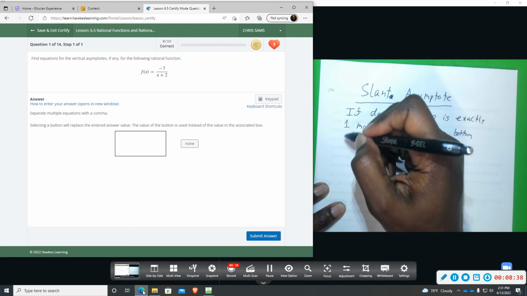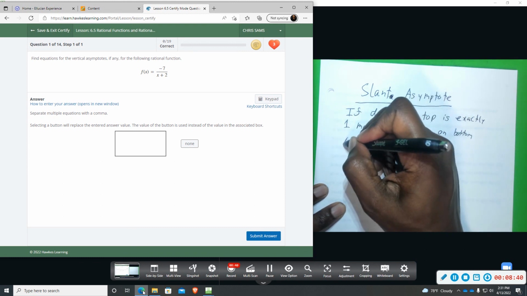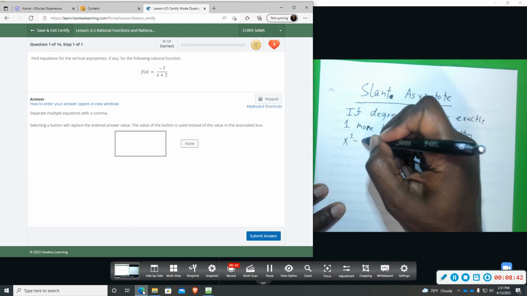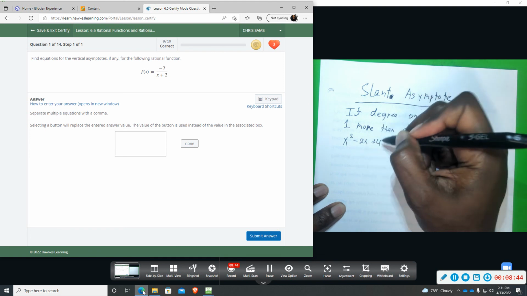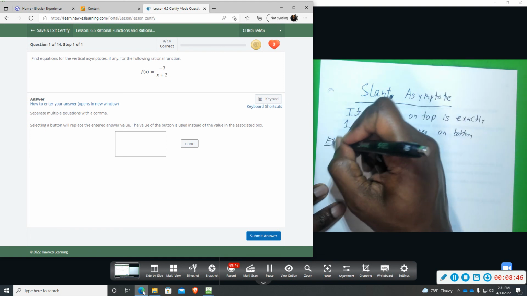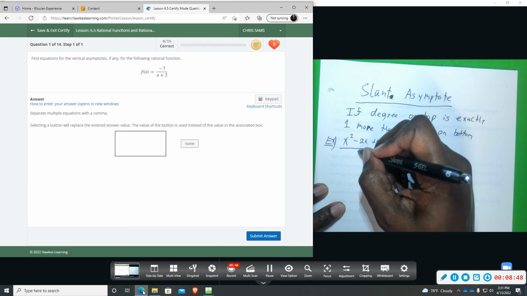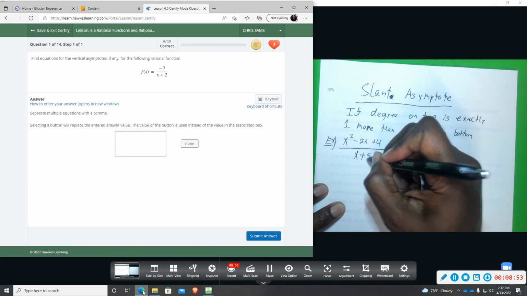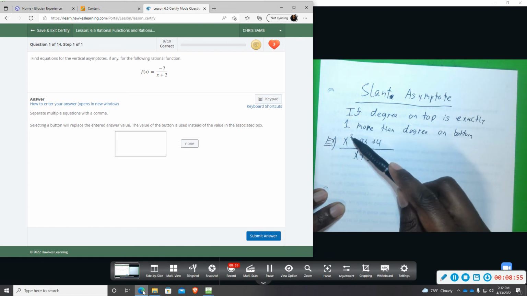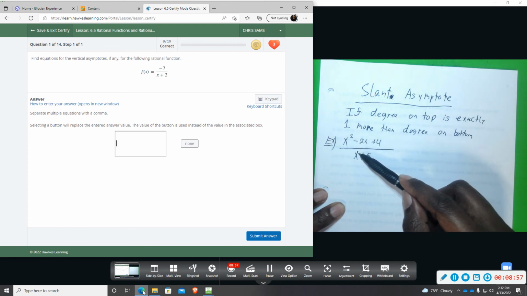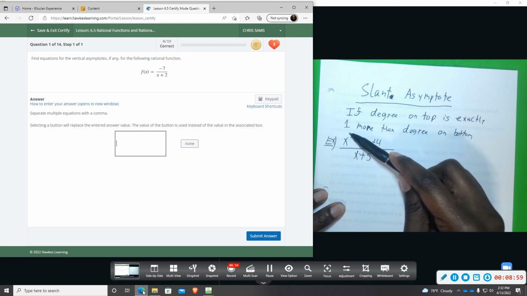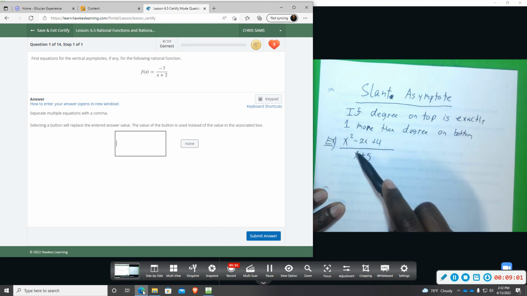So for example, if I had, say, x squared minus 2x plus 4, just for example, and then that was divided by x plus 5, just making up. So the degree on top is 2, the degree on bottom is 1. If the difference from degree on top and bottom is exactly 1 difference, then you will have a slant asymptote.